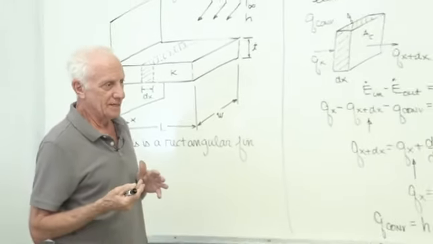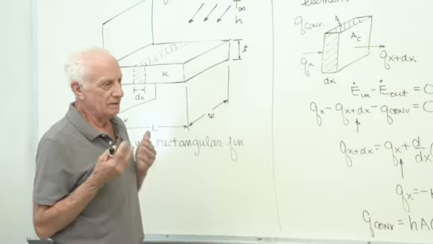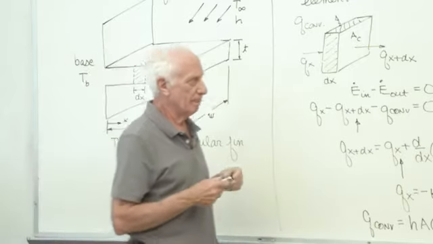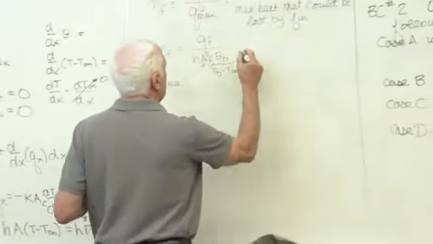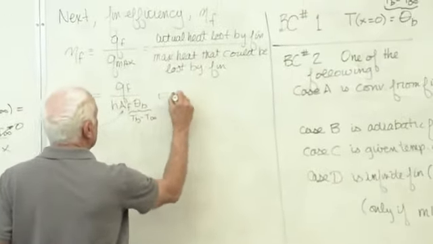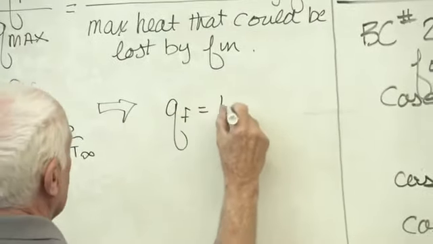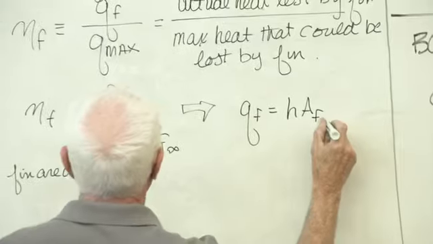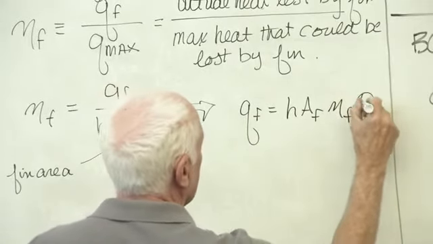If a surface is adiabatic, don't include that area. Any area of the fin touching the fluid. Okay, so that means if you want to get QF using efficiency, QF is equal to h A_F, efficiency of the fin, theta_b.